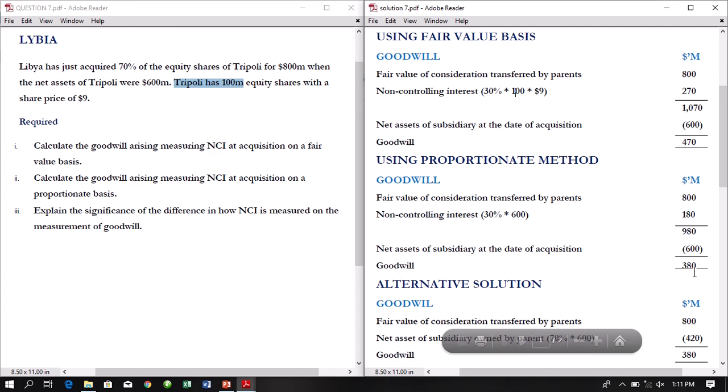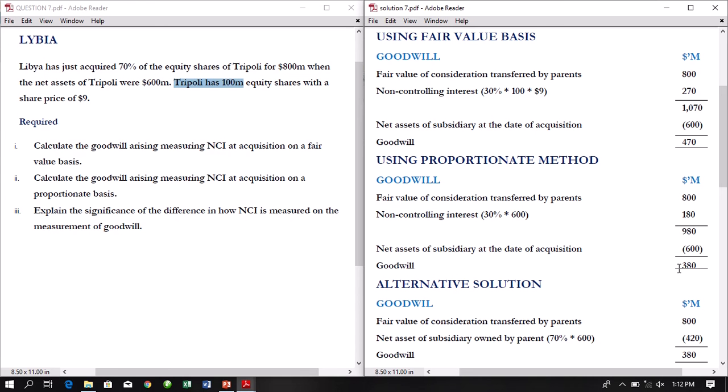The difference here is 90, and this 90 is as a result of how we measure our non-controlling interest. If you check here, my NCI here is 270 million, my NCI here is 180 million. The difference between the two is 90. That is the difference between the computation of these two, and that is why the standard says whenever you use the proportionate method, the goodwill we got here belongs to only the parent company.